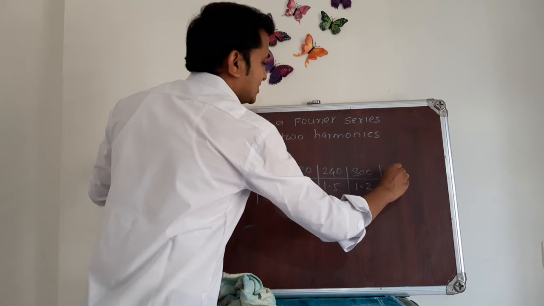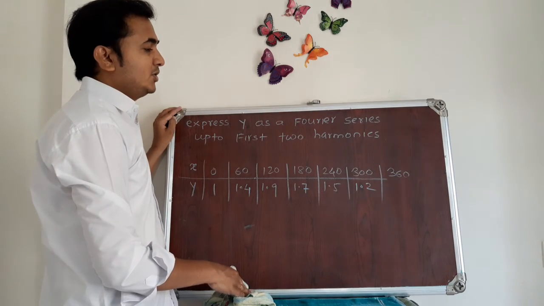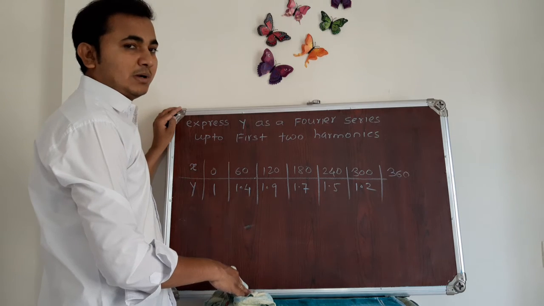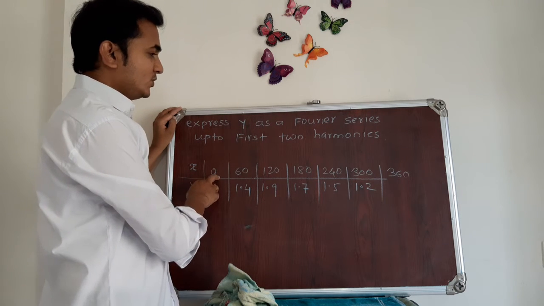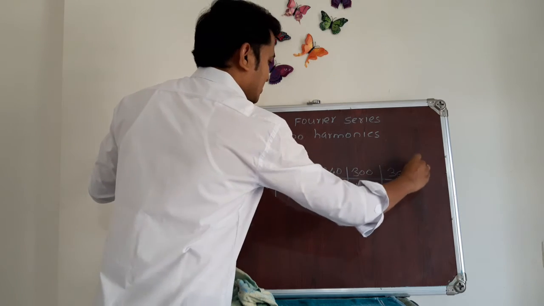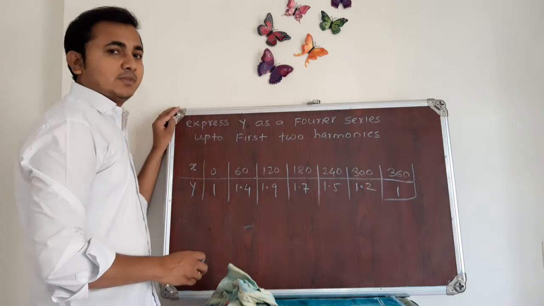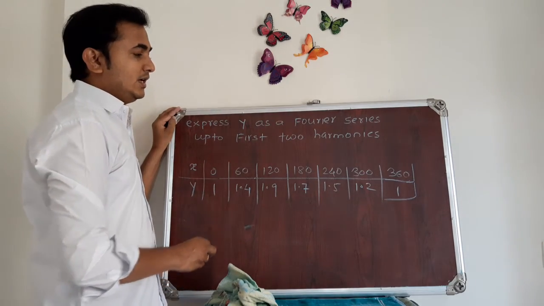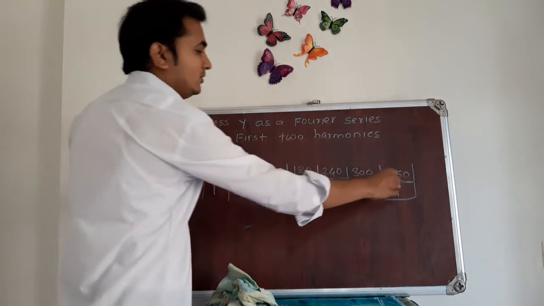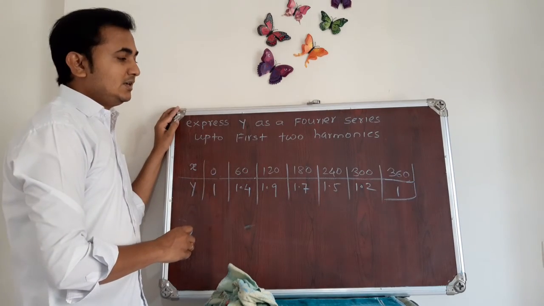So next is 360 and it is a periodic function of period 2 pi, so the value at 0 should be the same as the value at 360. Even if it is not mentioned in some example, you can still write this last value, which is the same as the first value. Is that clear?